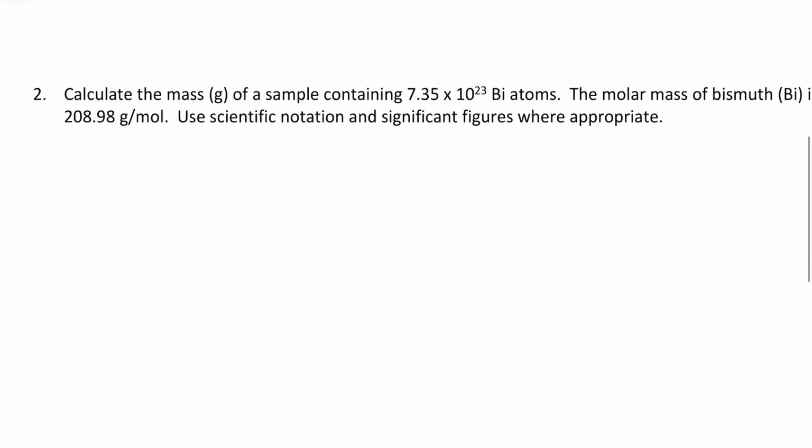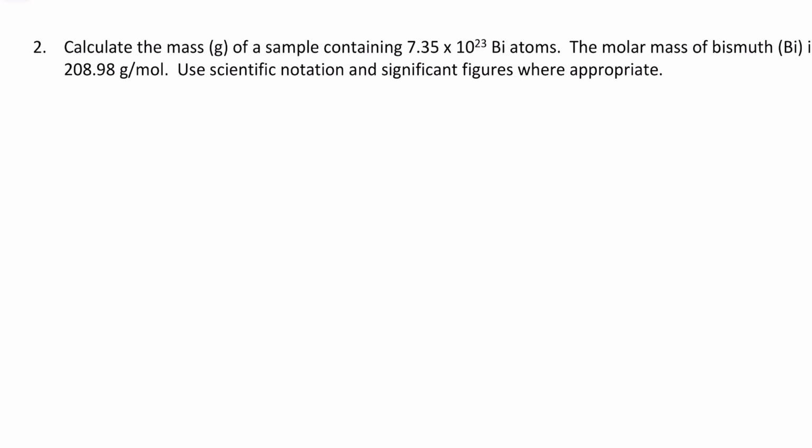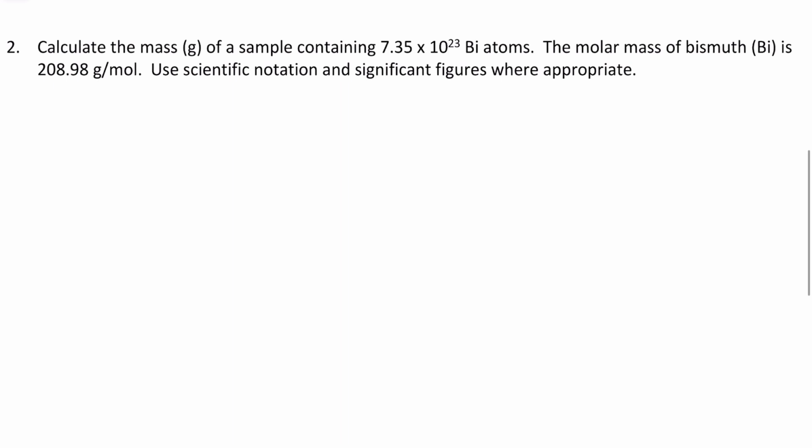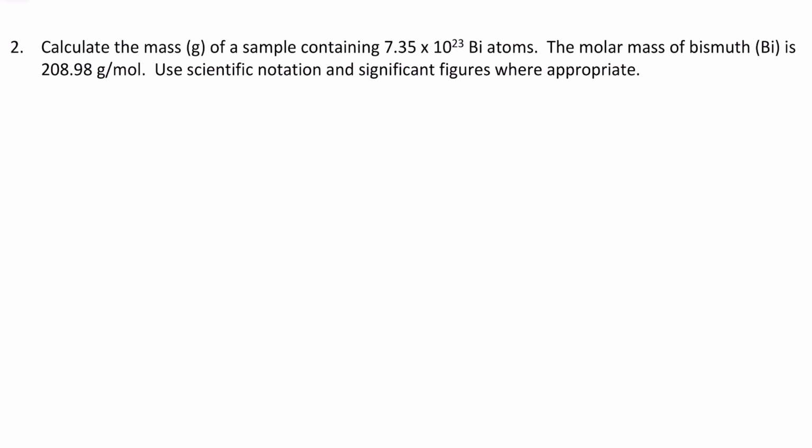Our second example asks us to calculate the mass in grams of a sample containing 7.35 times 10 to the 23rd bismuth atoms. We're given that the molar mass of bismuth is 208.98 grams per mole. We're also asked to use scientific notation and significant figures.